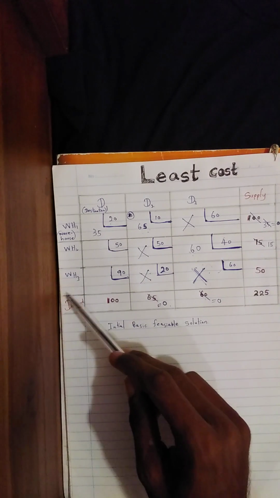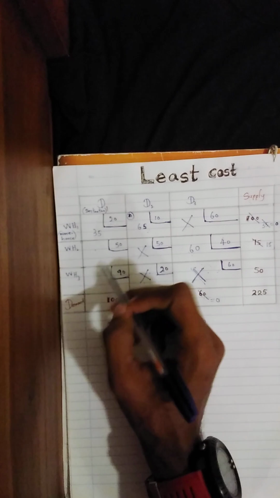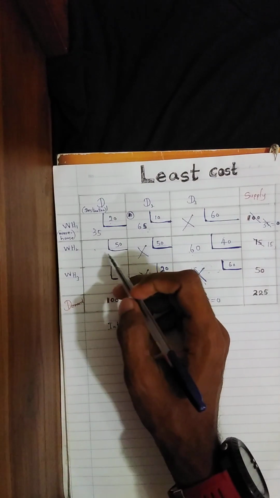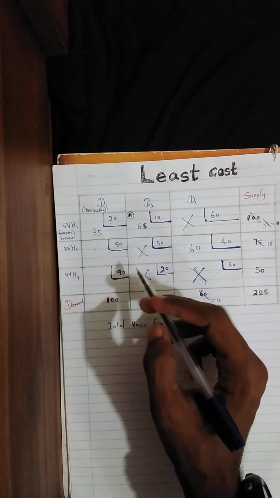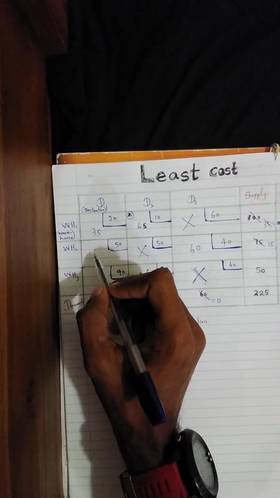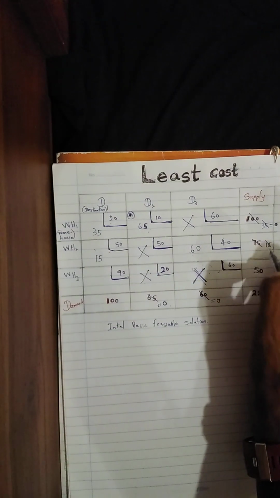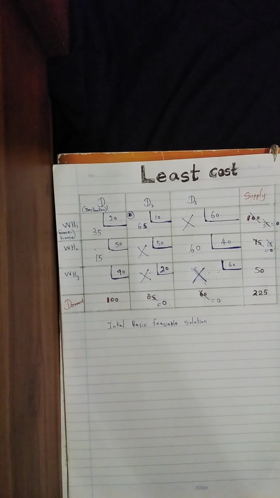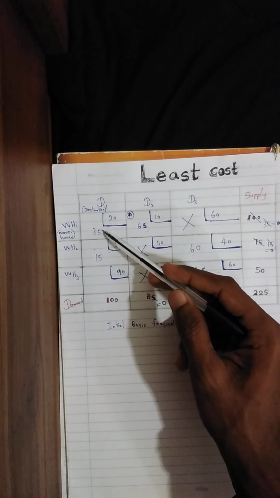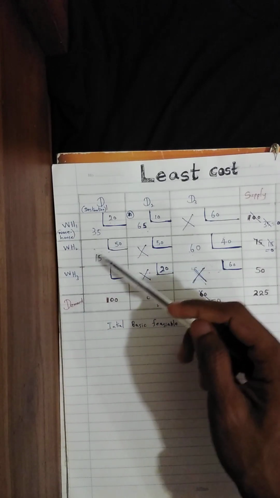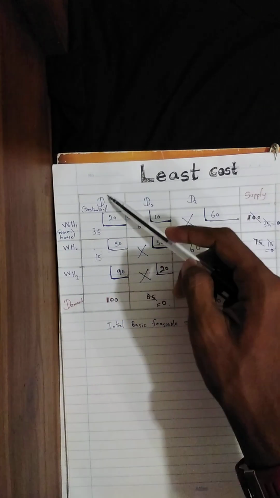Therefore I select this cell, because the least cell is this 50. I'll put 50 in here. Now this also becomes 0. 35 plus 15 means 50 units already provided to destination 1.